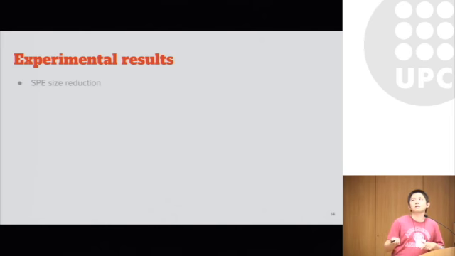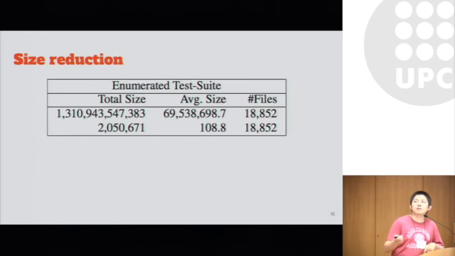Okay, then let's talk about the experiments. We are interested in 2 kinds of evaluations. First is the size reduction, while second is the bug hunting capabilities. In terms of size reduction, we take GCC's original regression test suite as an example, and we can process about 18K files.